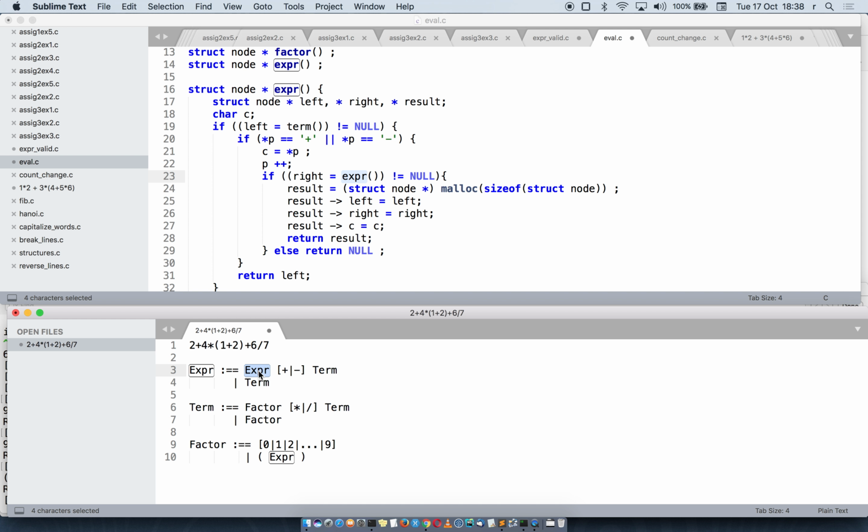There would be no way to decide up front whether I have this rule or this rule. But there are other ways of building a parser, the so-called LR parsers, which are parsers for left recursive grammars, right? And this is left recursive. The recursion appears at the left, right?